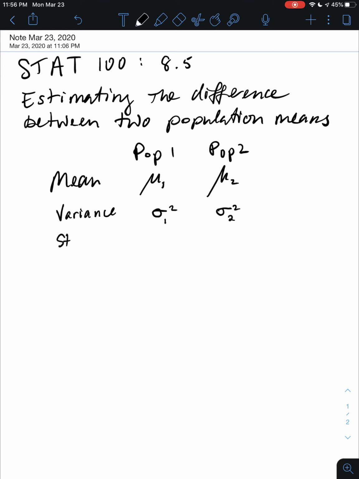And of course we have standard deviation, and that is simply the sigma without the square symbol. So sigma sub 1 for population 1, sigma sub 2 for population 2. So those are various parameters.